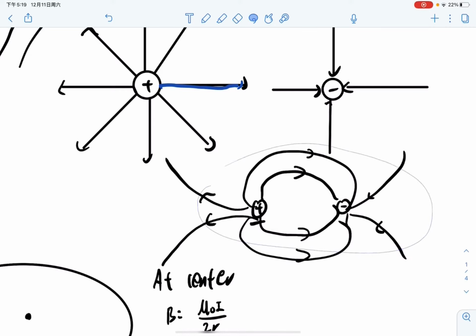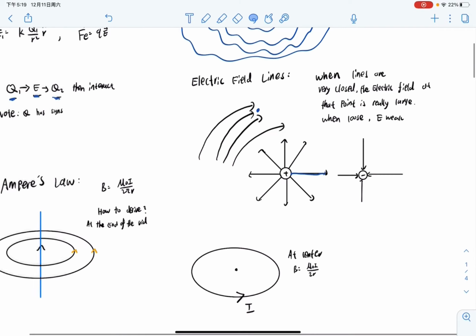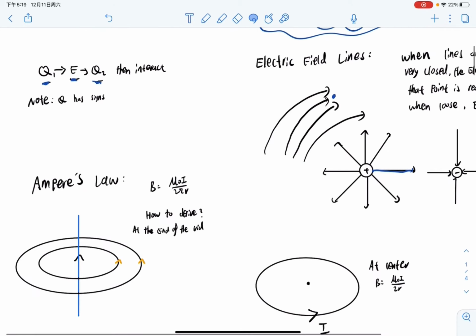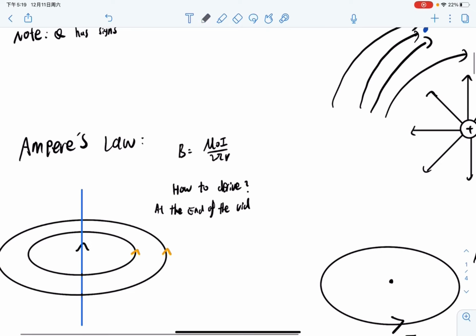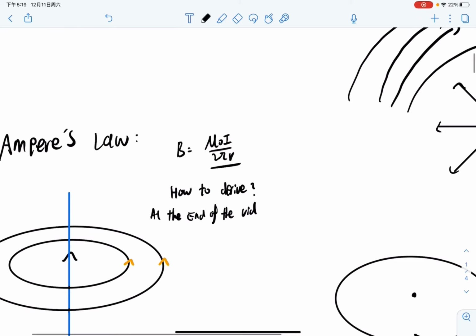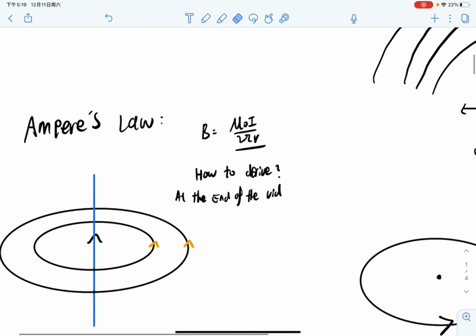Okay, moving on. We're going to take a look at Ampere's law, which says that the magnetic field is equal to mu times I divided by 2 pi r, where mu is a constant, I is the current of the wire, and r is the distance from the wire to the point.